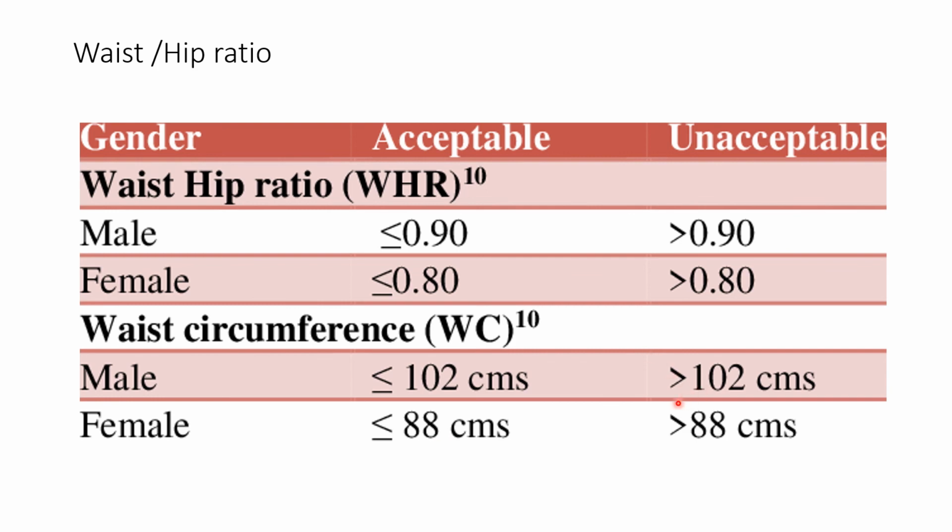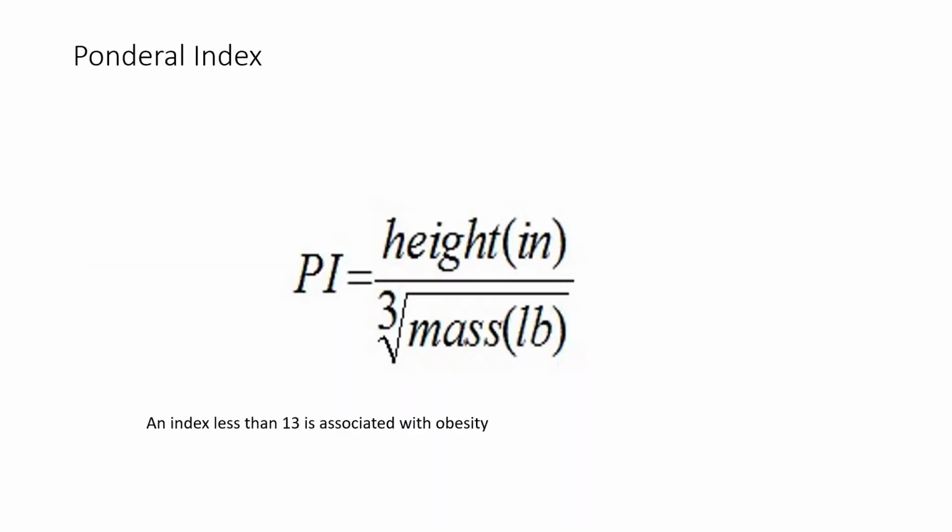If it is more than that, it is considered that they are overweight, obese, or severely obese. It says about the abdominal fat. If it is more than that, they have a greater amount of abdominal fat, right?